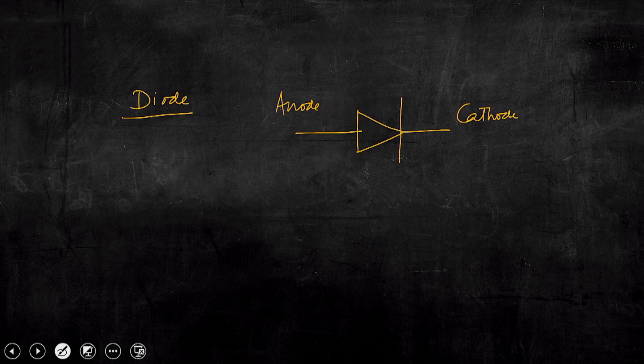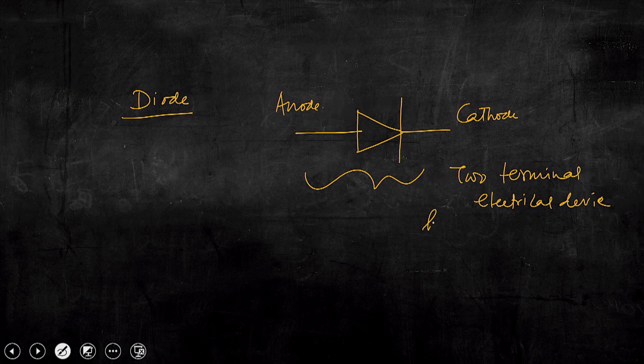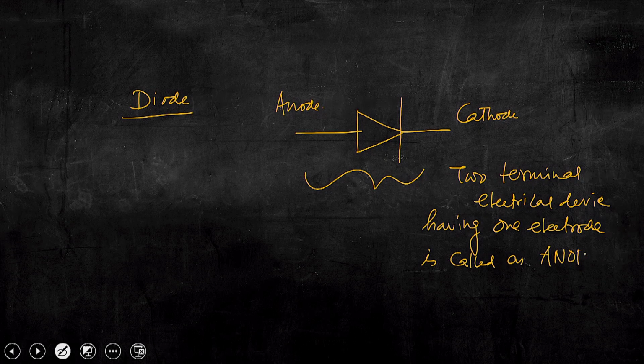So, a diode is a two terminal electrical device, having one electrode called the anode, and this is essentially a p type semiconductor.